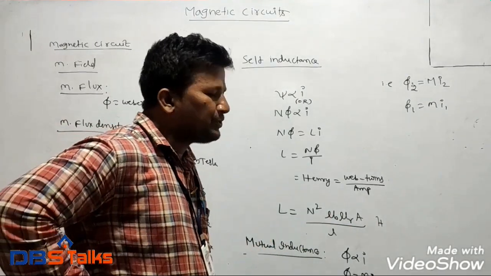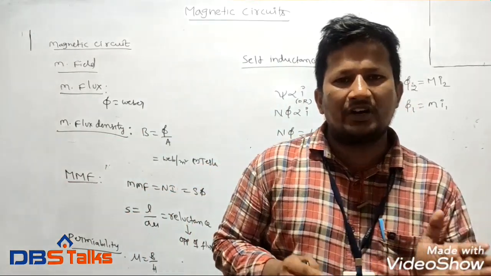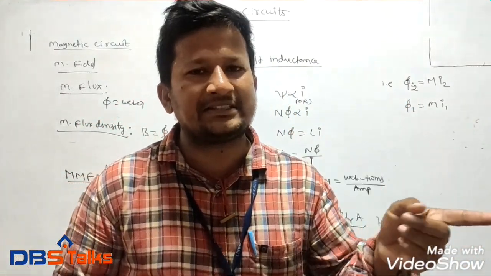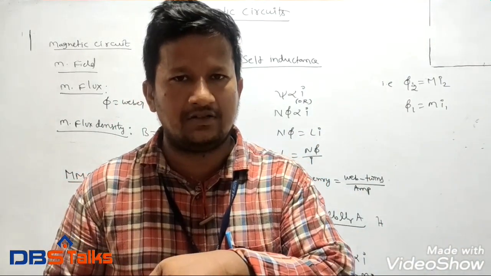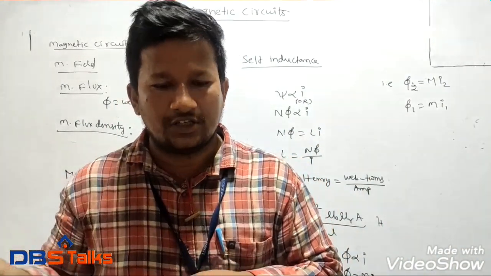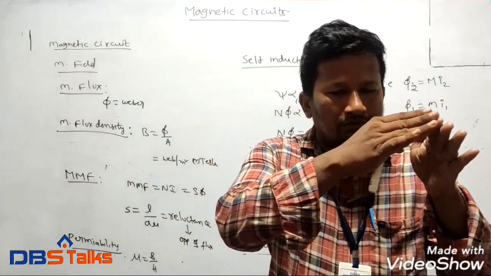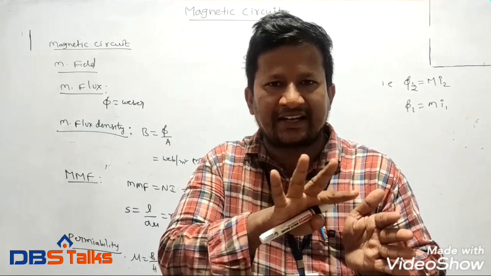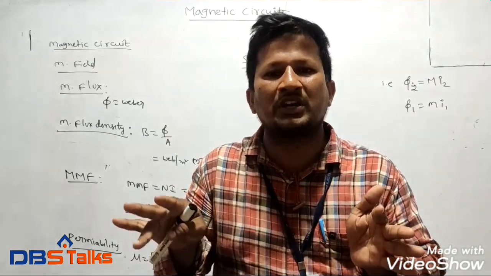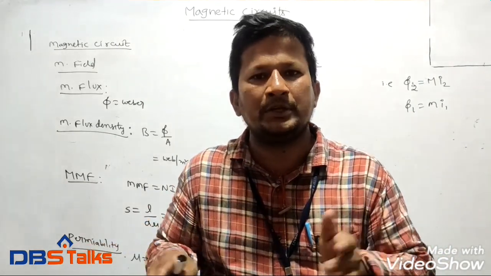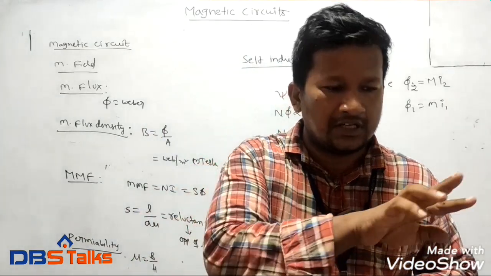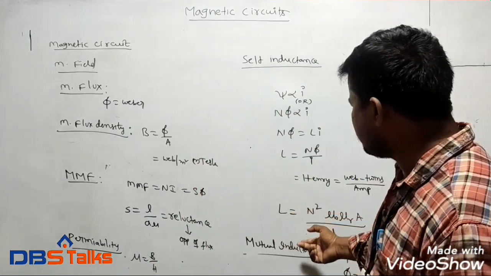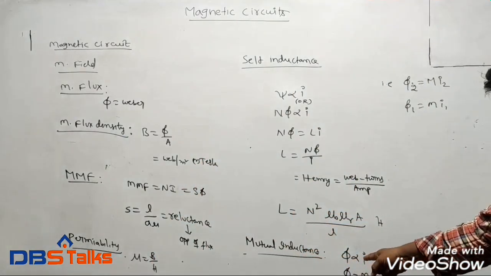Another one is mutual inductance. Whenever we give a supply to one circuit, it produces flux, and that flux linkage with the secondary coil induces a voltage. The linking between one coil and another has no electrical connection; there is only the mutual induction property, because of which the flux is interrelated to these two circuits. That is the mutual inductance.